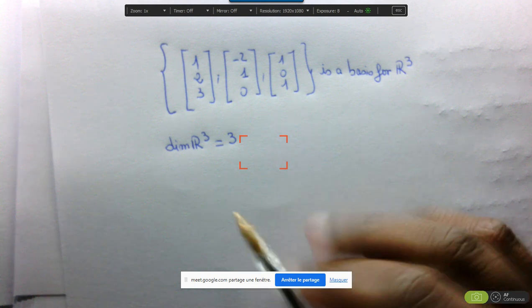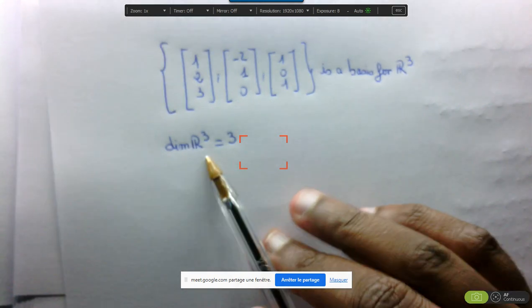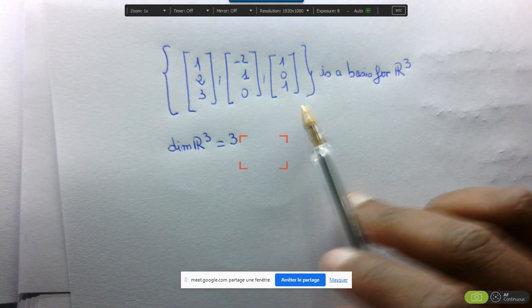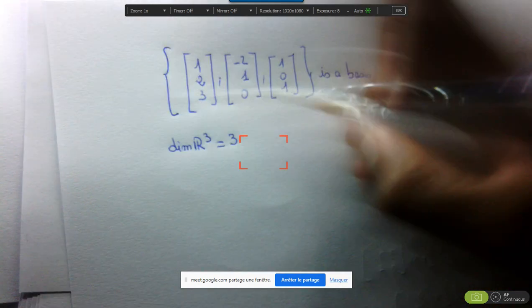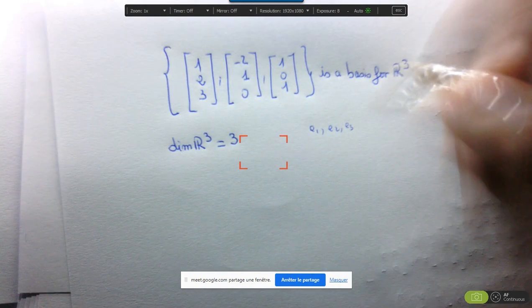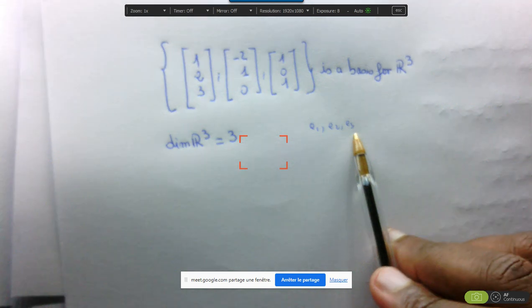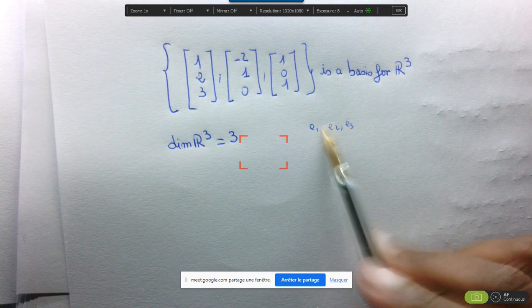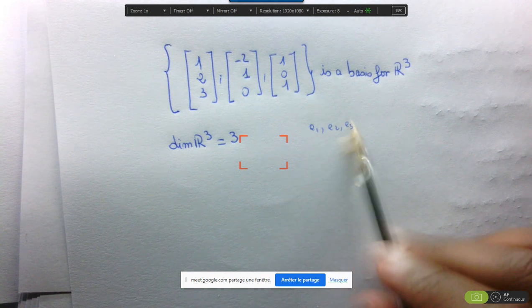And I know, for example, in R3 I can have these vectors, E1, E2, and then E3. I know that these vectors form a basis for R3, and the dimension is the number of vectors in the basis.